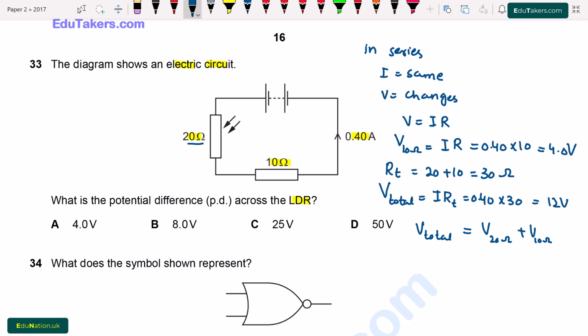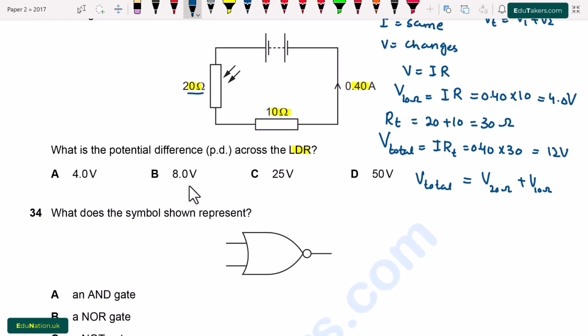Here the total potential will be equal to the potential across all of these components. So I use this formula to find the potential across the 20 ohm LDR. V20 ohm will be equal to total minus V10 ohm. So it will be 12 minus 4.0, which is 8.0 volt. From here, option B is correct.